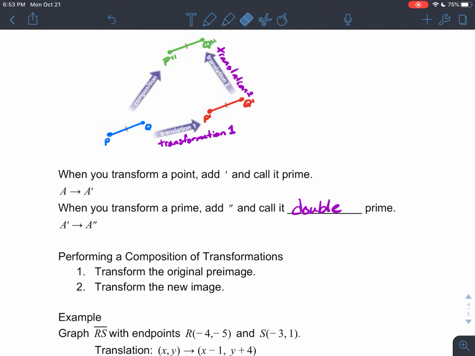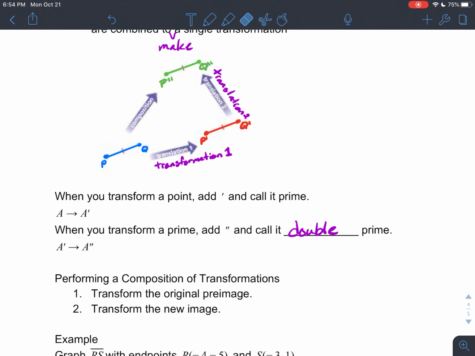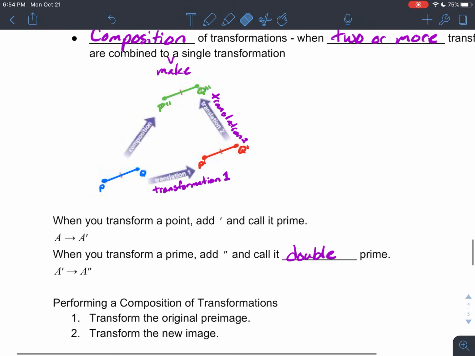So when you're performing a composition of transformations, you're going to transform the original, then you're going to transform the new image. So if you notice, they took PQ and slid PQ over.